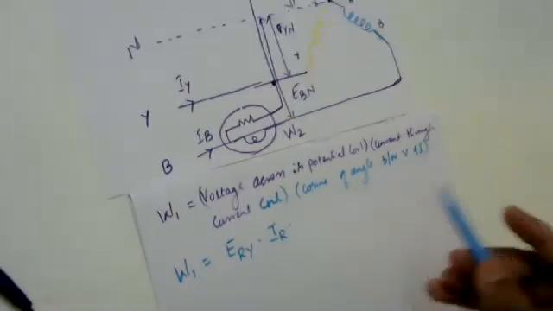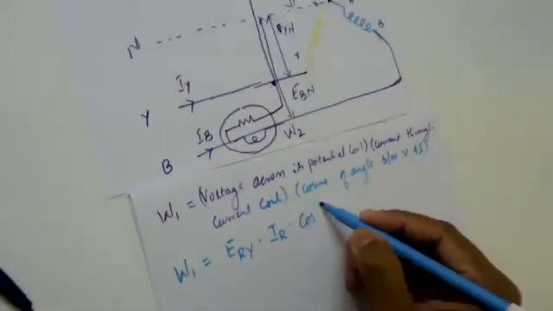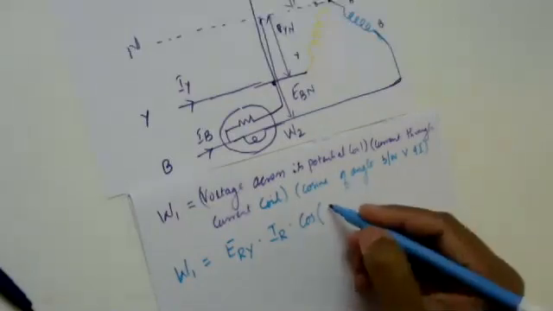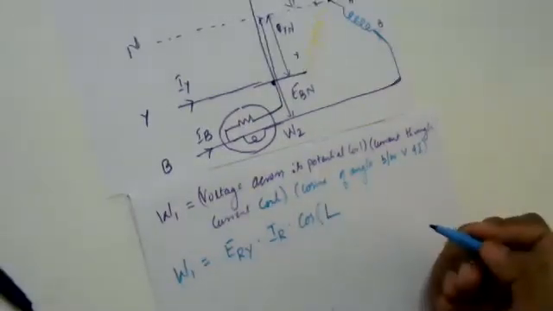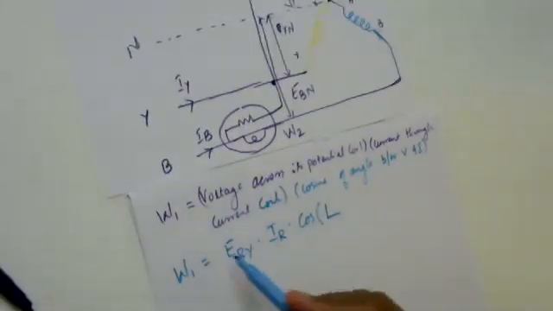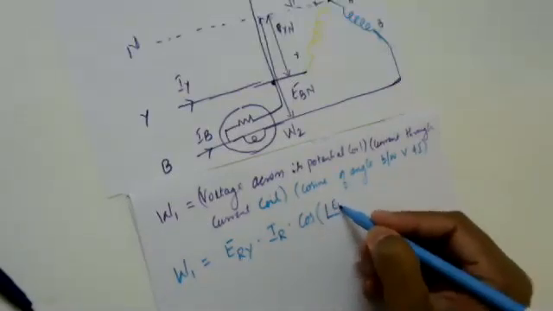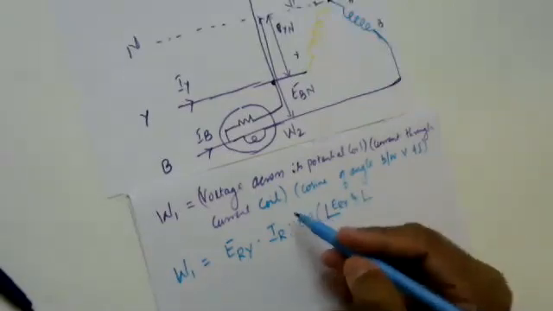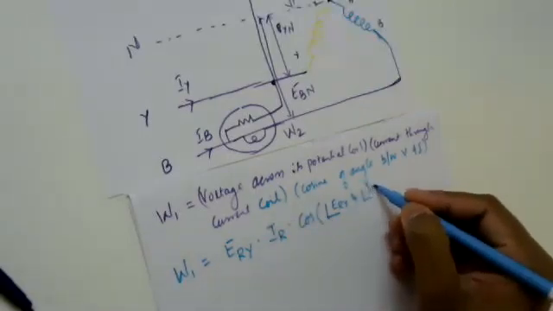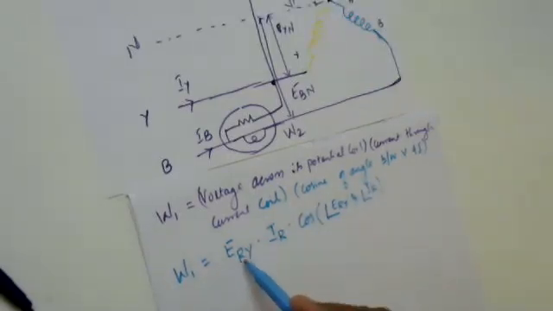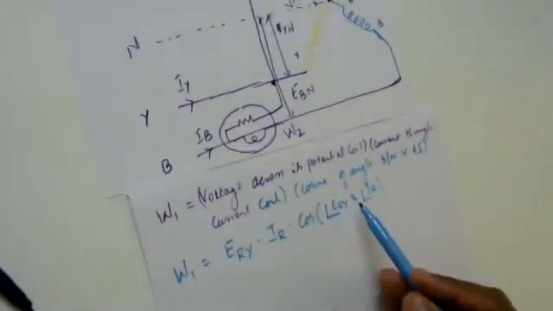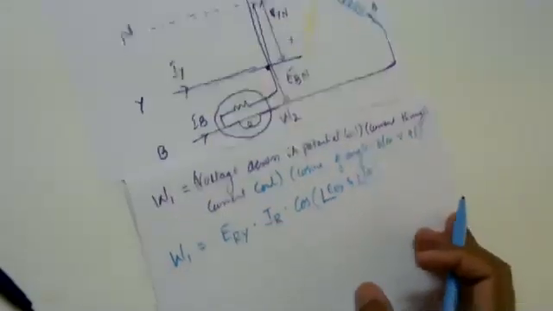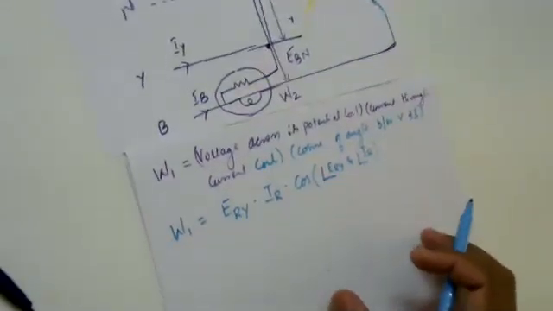So it should read the cosine of the angle between ERY and IR. So the angle between this voltage and this current, the angle between ERY and IR. Is it clear to you?